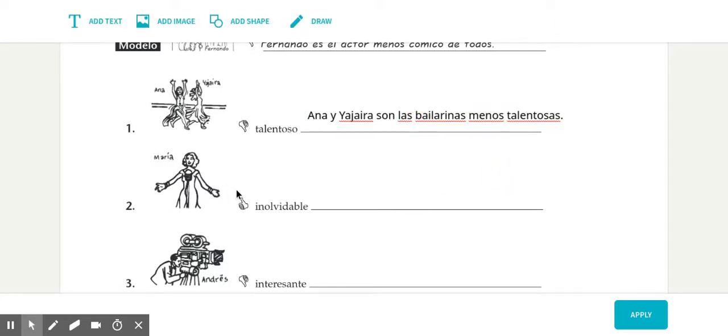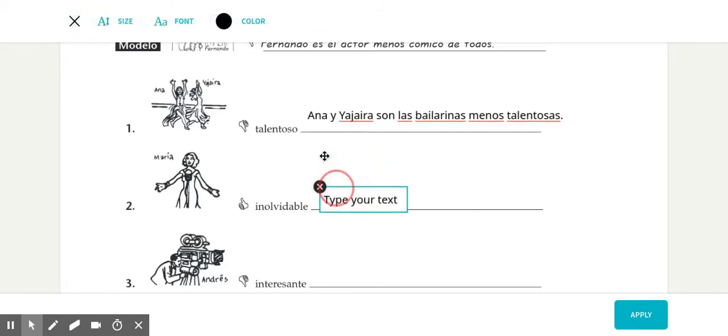Okay, María. María es cantante, ¿verdad? She's a singer. Yeah, inolvidable, and she's the most unforgettable singer, right? Okay. Entonces, María es la cantante más inolvidable.